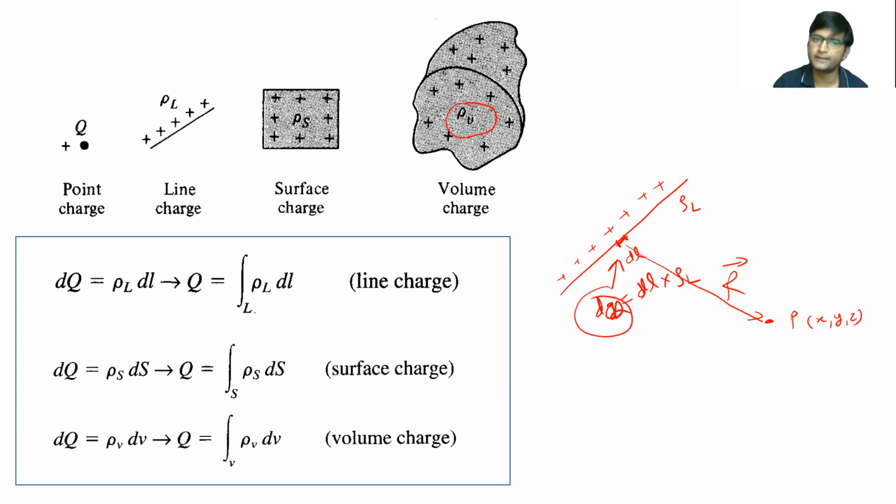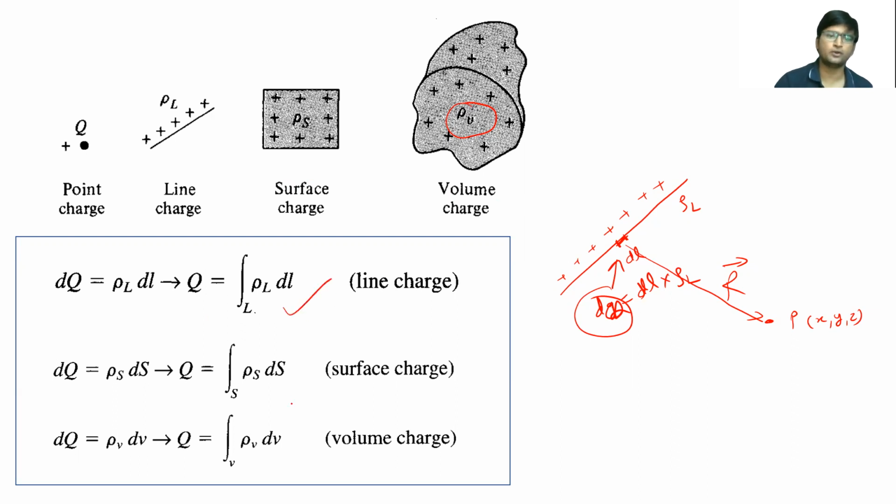We will first find the expression for the small charge element dq, and then we will find the vector r connecting this dq to the point where we want to find the electric field, and then we will integrate. If it is a line charge, we will integrate over a line, which will be a line integral. For surface, it will be a surface integral, and for volume, it will be a volume integral. So this is what we are going to do in this lecture.